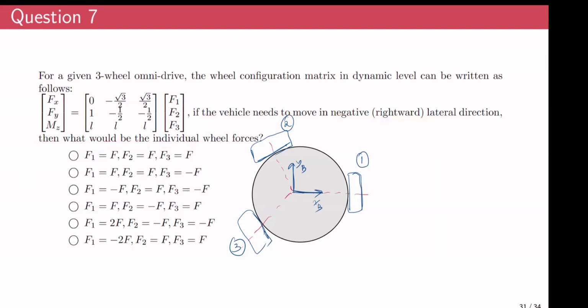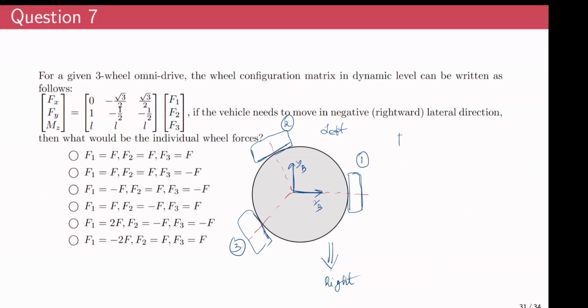It should move along this direction, right? So this is left, this is right. So if it has to move along the rightward direction, how should the vector fx, fy, mz look like?